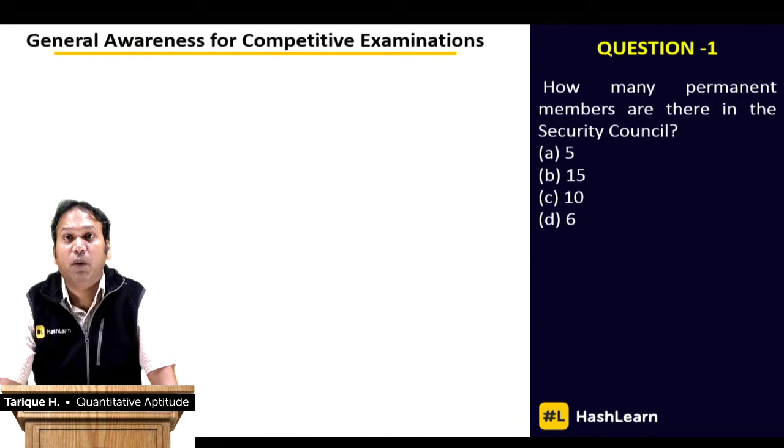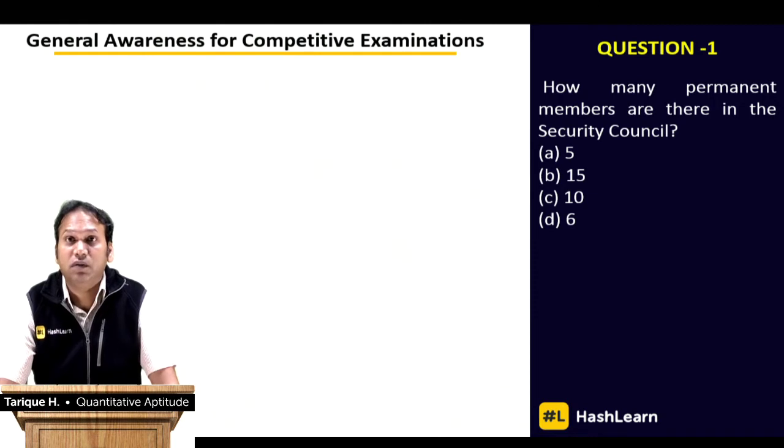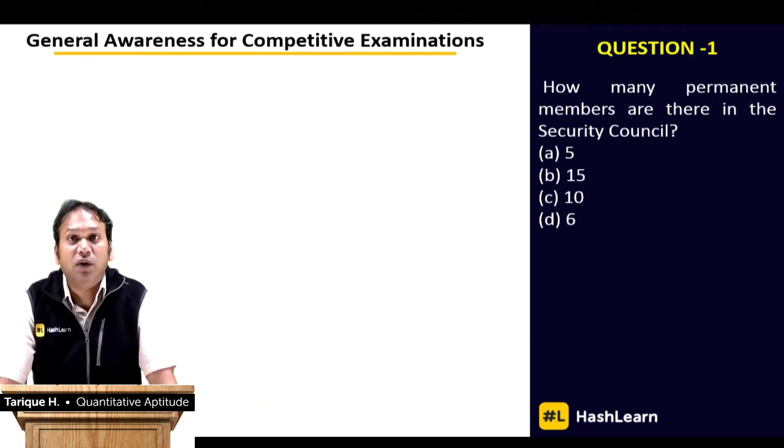A country with a population of 130 plus crore people like India also has one vote. A country with a population of 140, 150 crores like China also has one vote. And a country with a population of 10 lakh also has one vote. So that is one platform which gives equal importance to all of the nations, and it does not discriminate between the nations based on population size, military capacity, economy, and all those things. That is the General Assembly.